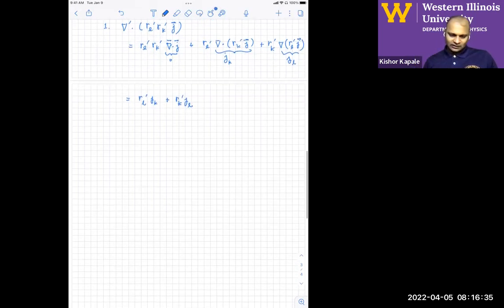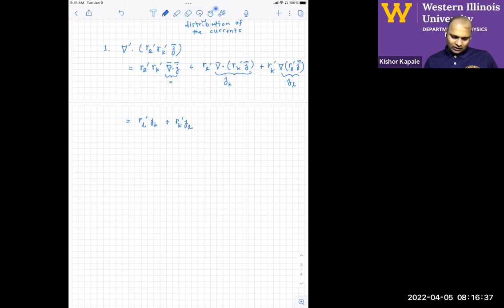Okay, so you can kind of see the tensor. So that's just one intermediate result we're going to need. And let's also now take a look at the Levi-Civita epsilon_lki r prime crossed with J_i.